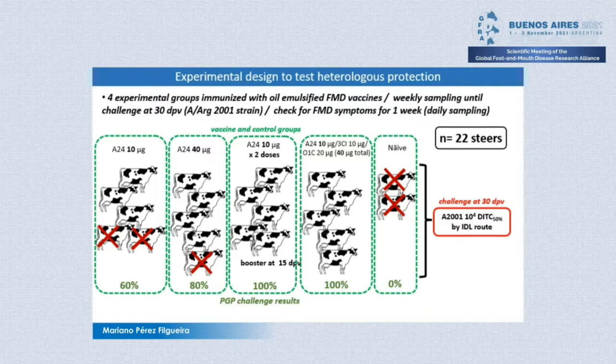One in the high payload monovalent vaccine group, which means 80% efficacy, and the other 2 groups had 100%. None of the animals showed any kind of lesions in the case that they received 2 doses or the trivalent vaccine. Of course, both naive animals were not protected after the challenge.